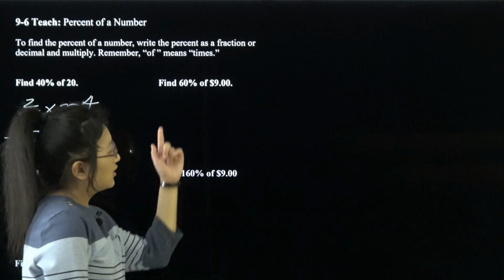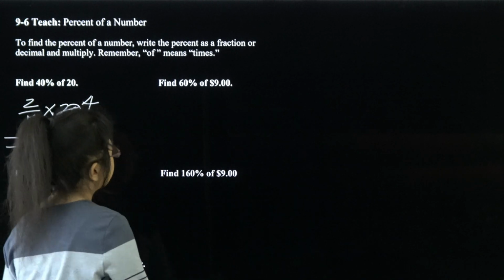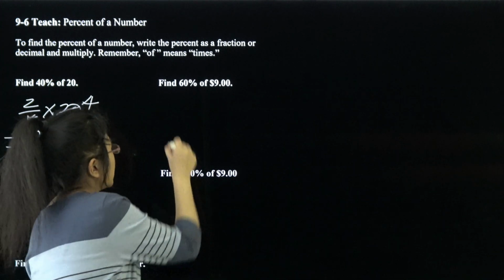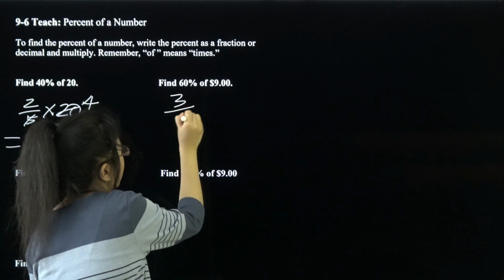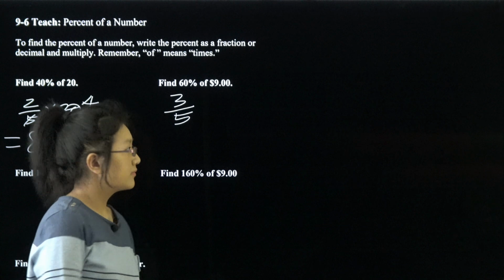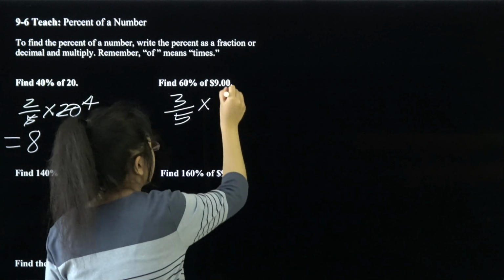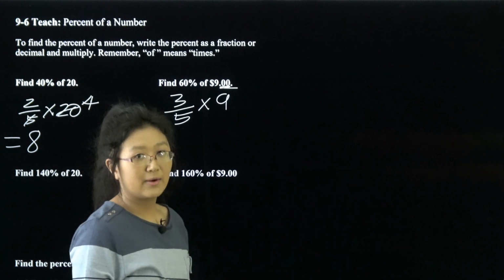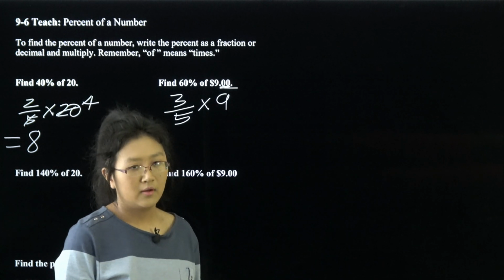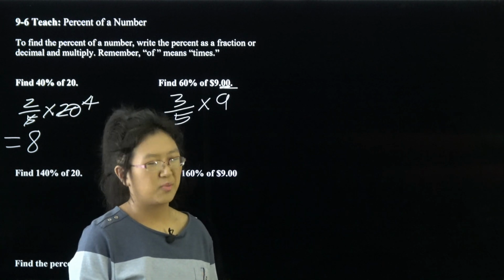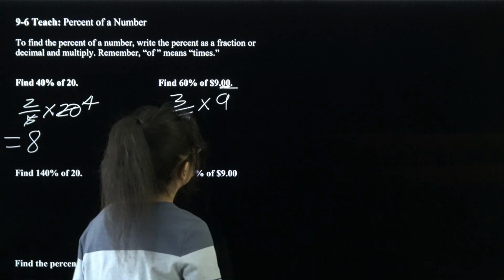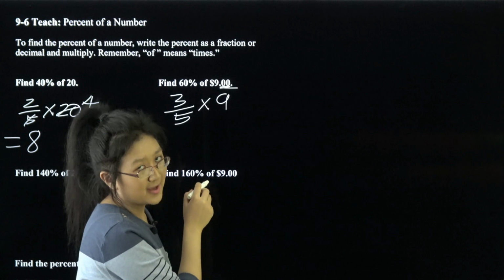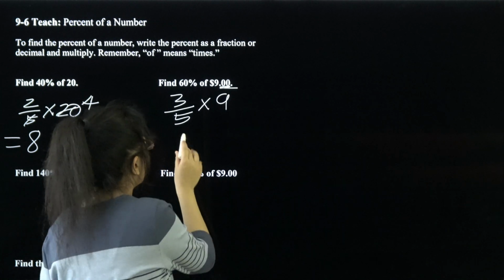And then 60% of $9. 60% is also a little bit like this one. It's 3/5 when you simplify it, times 9, because you have no cents over here, and you can't really have 0.1 of a cent or point anything of a cent, especially if you're actually paying at a store.